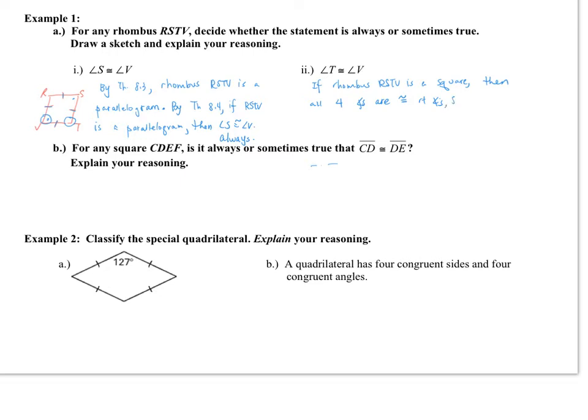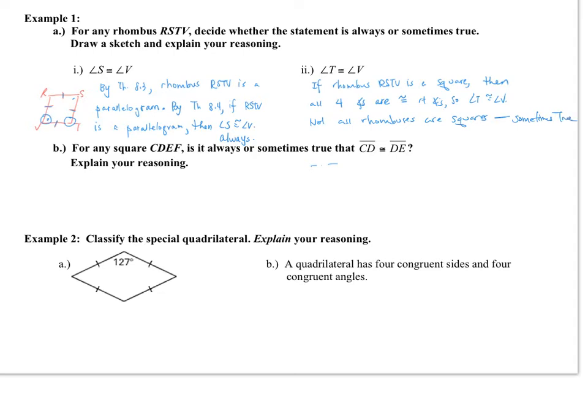So angle T will be congruent to angle V in this case. But not all rhombuses are squares. So we can say sometimes true.